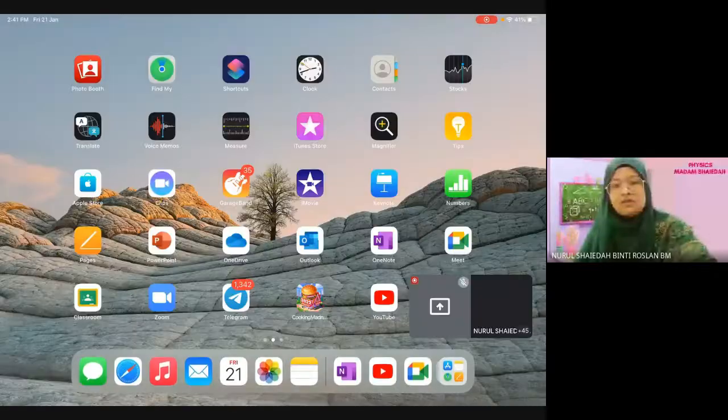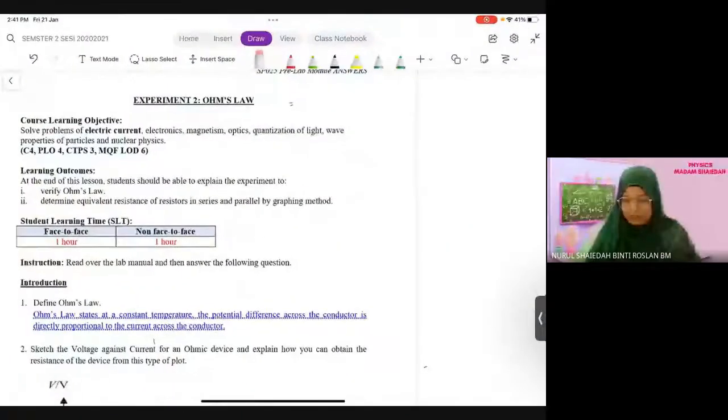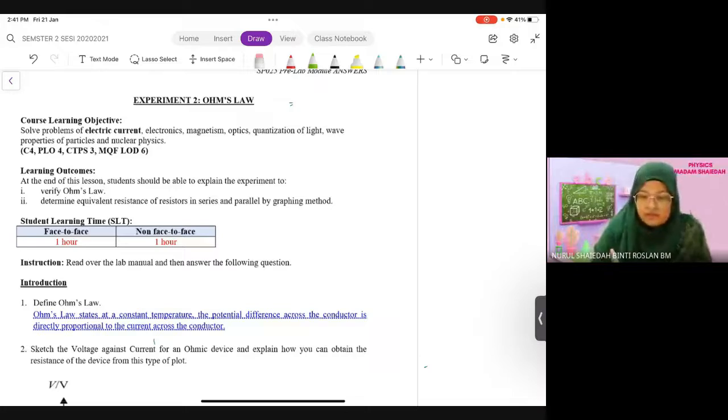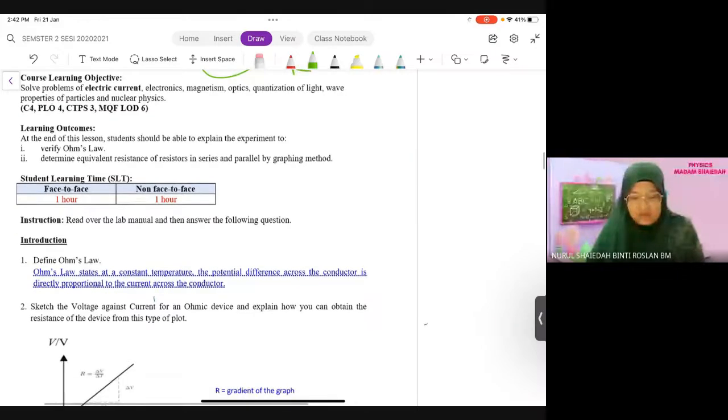Okay. Dah. Alright, so kalau kita tengok kepada ni, kita masuklah tadi Ohm's law. So Ohm's law ni we are talking about resistance lah. Resistance tadilah yang you belajar tadi, Ohm's law. Ohm's law we are talking about resistance in the circuit. So learning outcome at the end of the lesson, students should be able to verify Ohm's law. Verify Ohm's law meaning you need to verify V equals IR, V directly proportional to I. Meaning when you're increasing the V, the I also will be increasing lah.